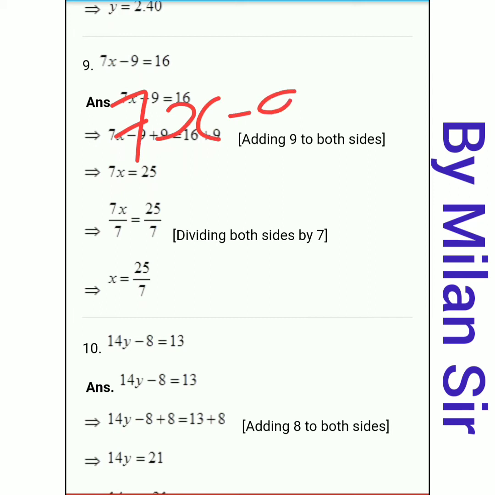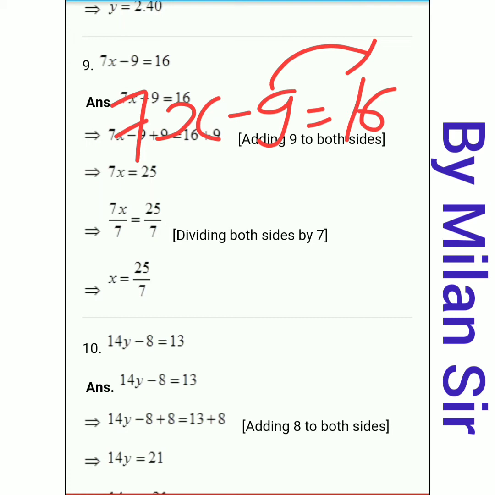7x minus 9 is equals to 16. First of all, we need to transfer this minus 9 to the right hand side. Okay, here two things we have, minus 9 and multiply 7. So first of all, we need to transfer the addition, otherwise subtraction part to the right hand side.